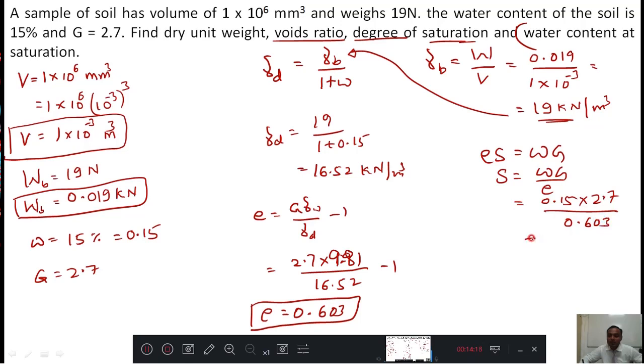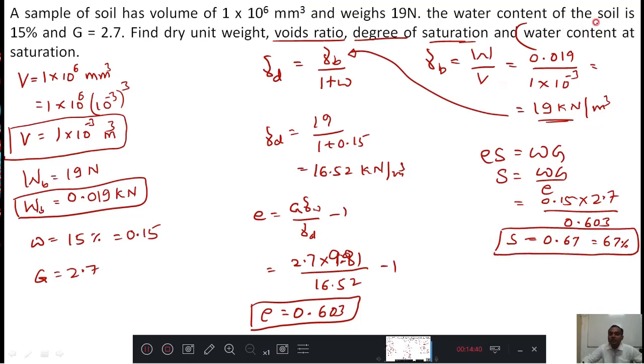Then what is S? 0.15 into 2.7 divided by 0.603. The answer is 0.67. S is 0.67, means 67% saturated. Soil is 67% saturated.